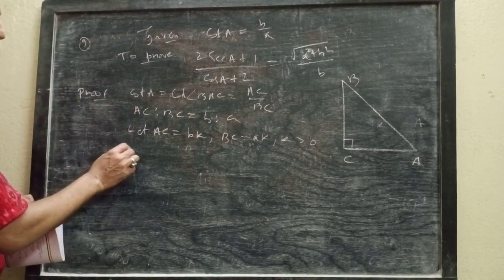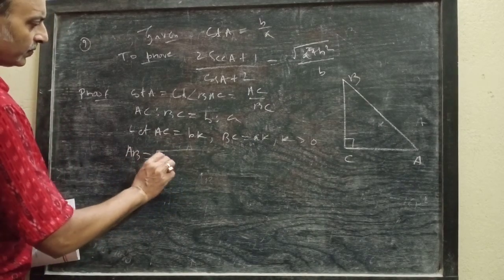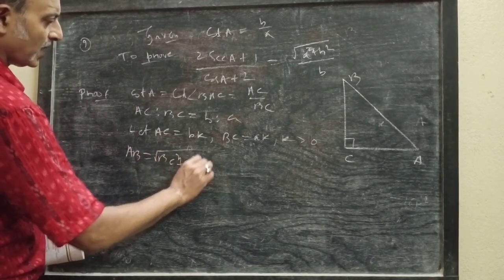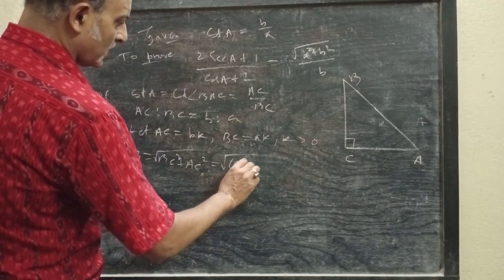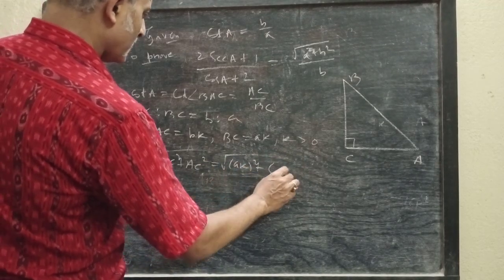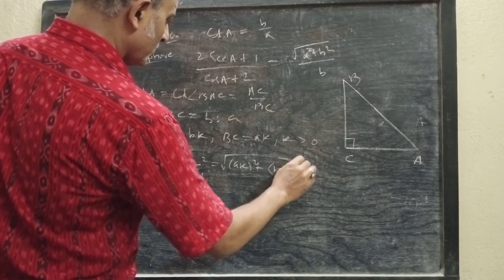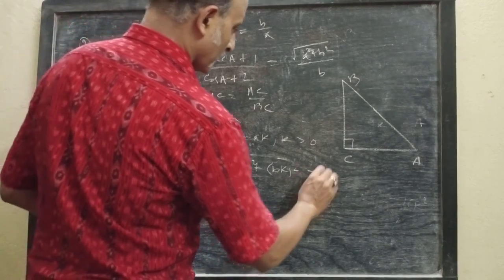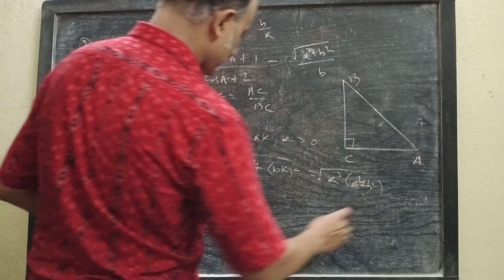Now from the triangle we have by Pythagoras theorem, AB is root over of BC square plus AC square. So BC is aK whole square plus AC is bK whole square, root over of K square into a square plus b square.